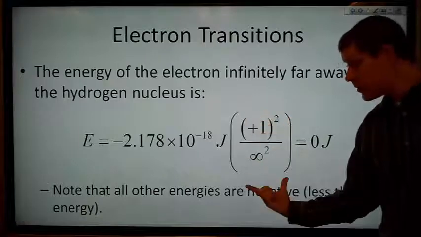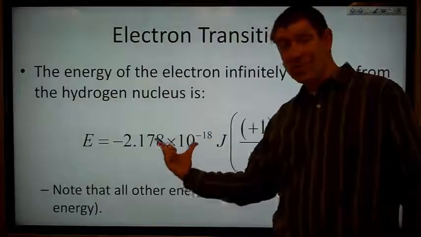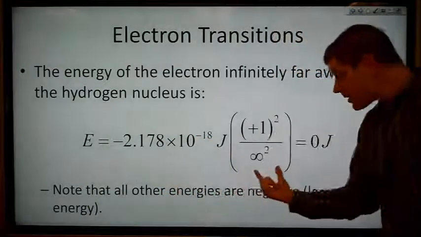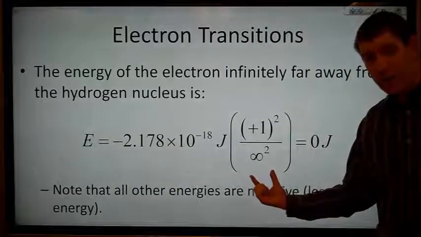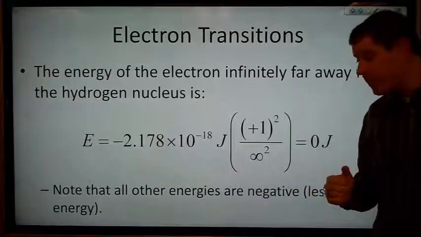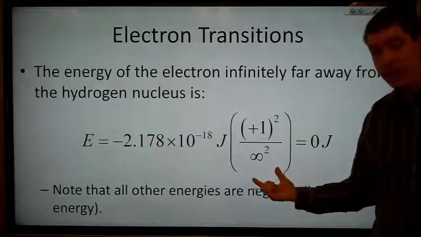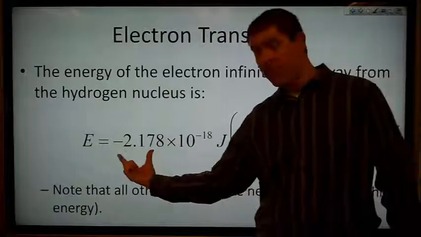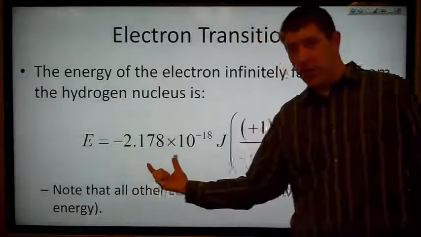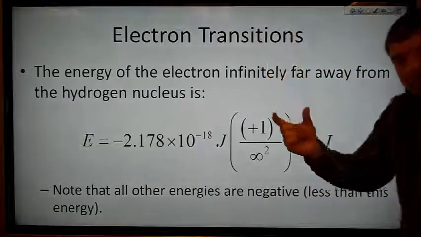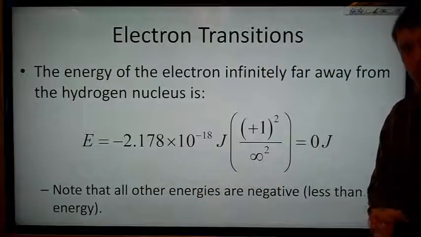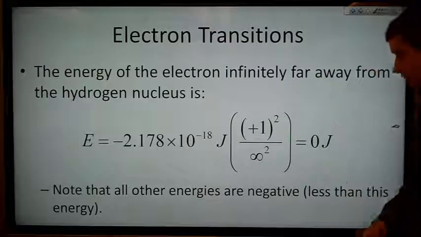So this quantity is always squared, and this quantity is always negative, which means unless our electron is infinitely far away, unless it's in the infinite energy level, if it's in any other energy level, that electron has a negative energy associated with it. Negative because it's falling down as it gets closer and closer to the nucleus. It's losing energy as it gets closer to the nucleus.